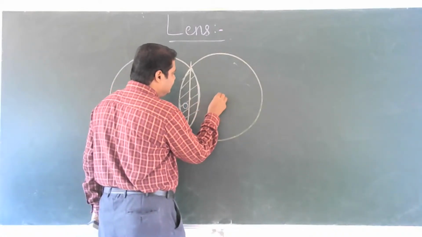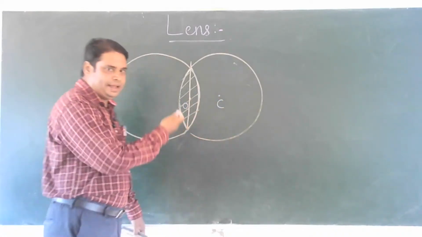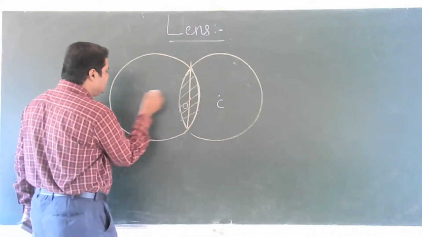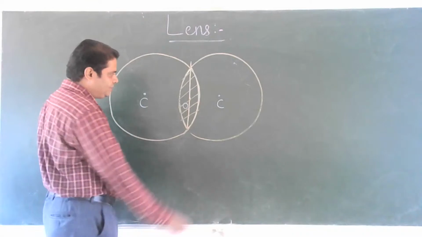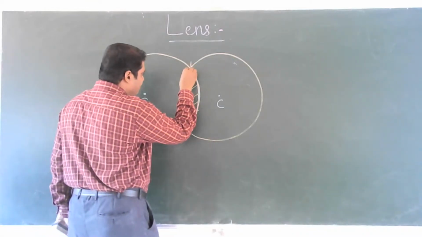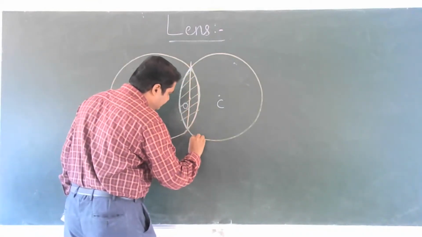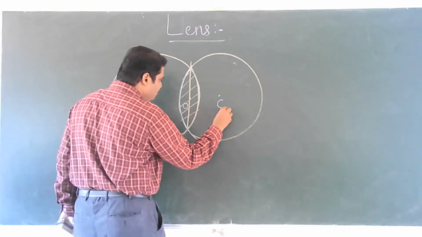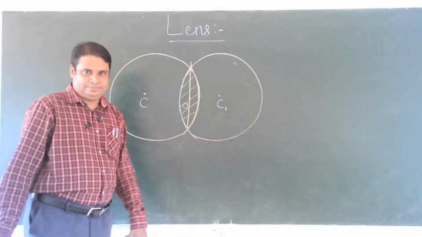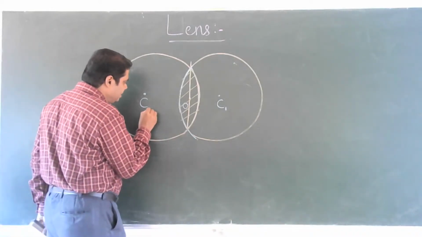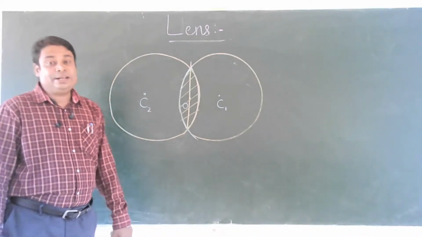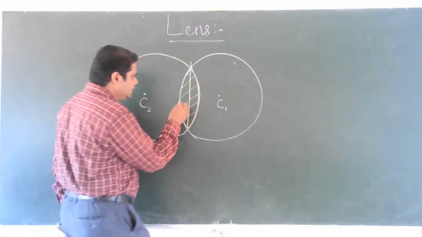This sphere has a center. Of course, this sphere has a center, and also this sphere has one more center. To distinguish, let me call this C1, the center of the first sphere, and this C2, the center of the second sphere.